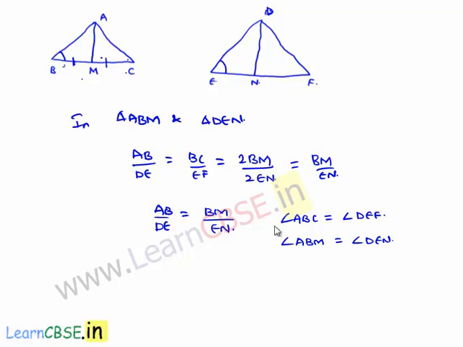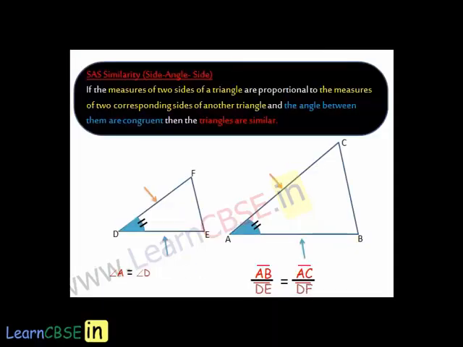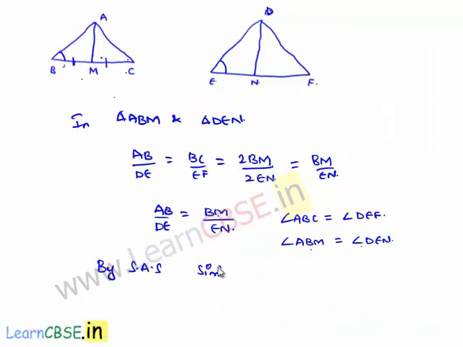Now if we observe, in triangle ABM and triangle DEN, two sides are in proportion and one angle is equal. Therefore, by SAS similarity, we can say that triangle ABM is similar to triangle DEN.